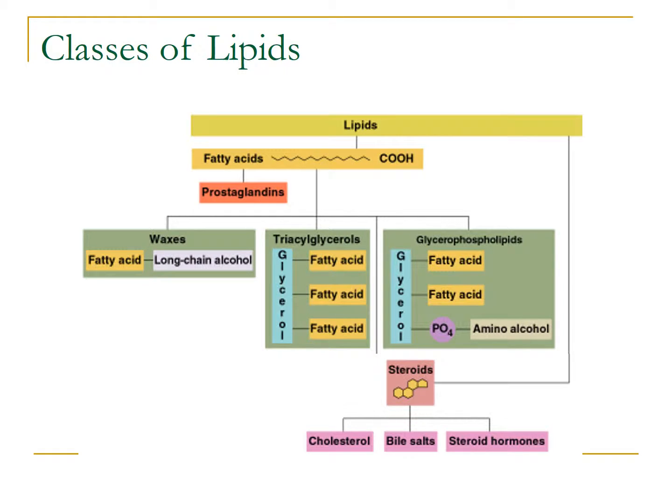Then you have your triacylglycerols. Glycerol is a 3-carbon, 3-hydroxyl alcohol. So if you think of 3 carbons in a chain, and each carbon in the chain has an OH group, a hydroxyl group, that would create 3 positions on that chain of 3 carbons where a fatty acid could use its carboxyl group to react and connect to the glycerol.